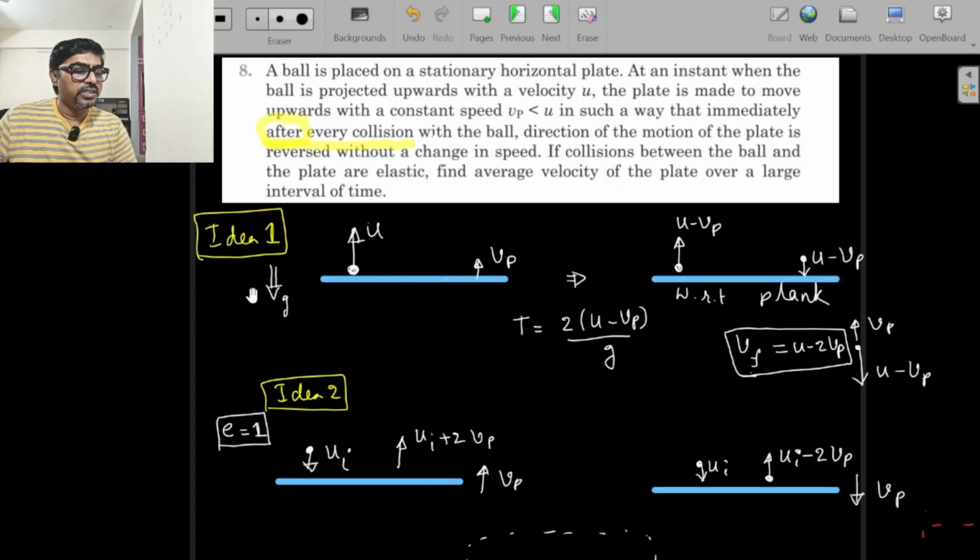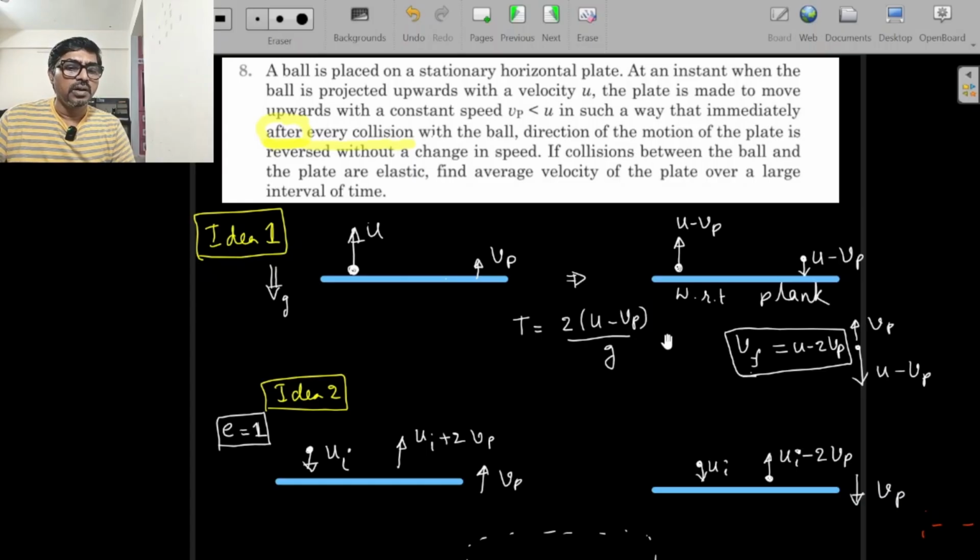Then the acceleration due to gravity is the acceleration with respect to the plate, downward, with an initial velocity u minus Vp with respect to the plate. So it goes up and then comes back to the plate, and the time of flight will be 2 times the relative velocity upon the relative acceleration, 2(u minus Vp) by g. This is the time of flight.